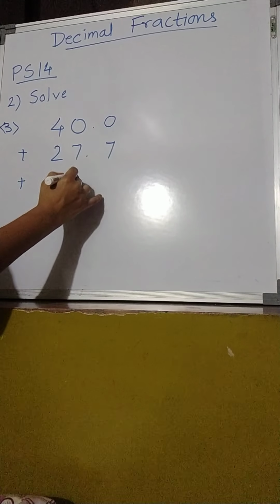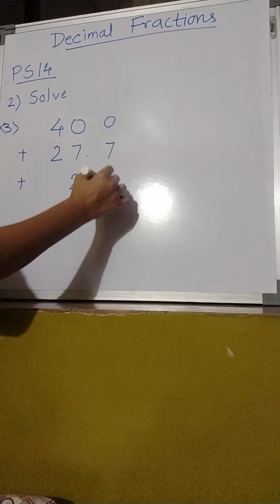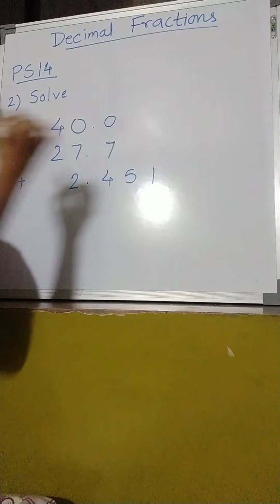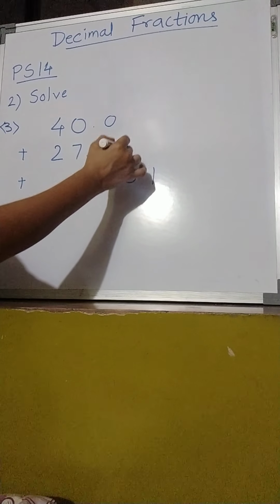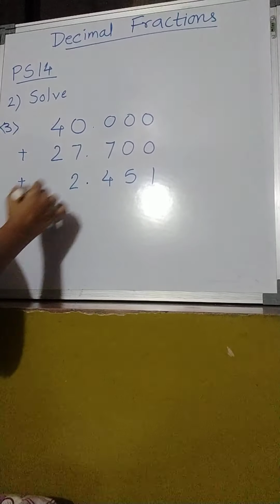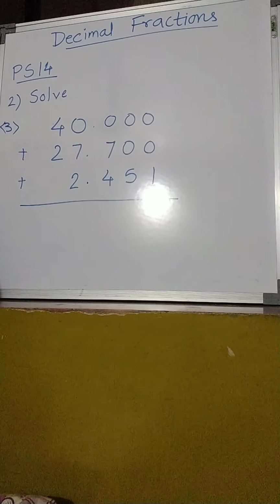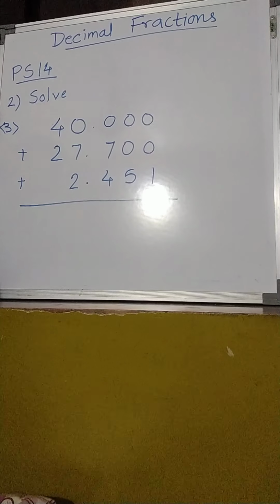Plus 2.451. Now here also, after 7 you put 0, 0, and here 3 zeros are there, because in the third question there are 3 digits after decimal point.